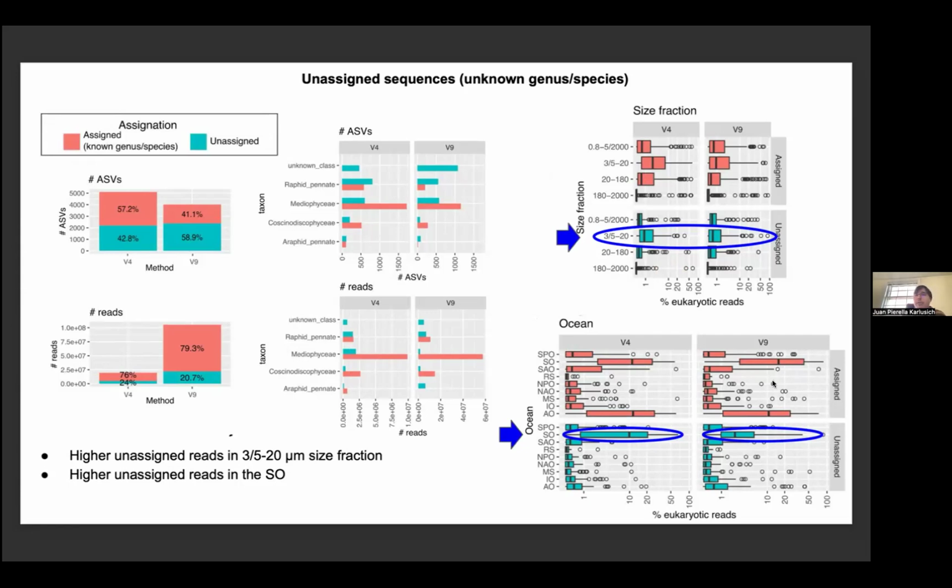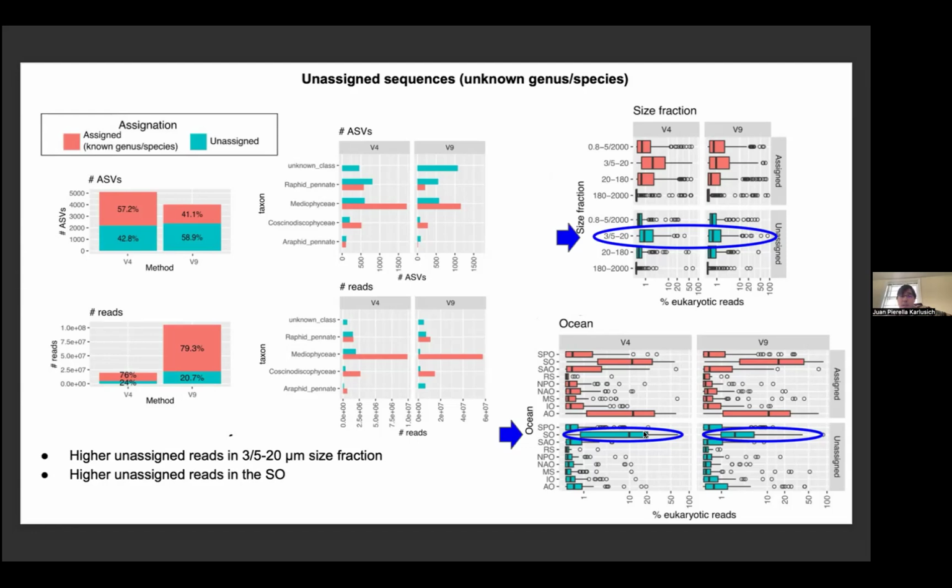For example, the most abundant unassigned sequences came from the Southern Ocean, as you can see in the lower panel. In the Southern Ocean, most of the unassigned sequences came from either the B4 or the B9 region. In both cases, they came from the Southern Ocean.